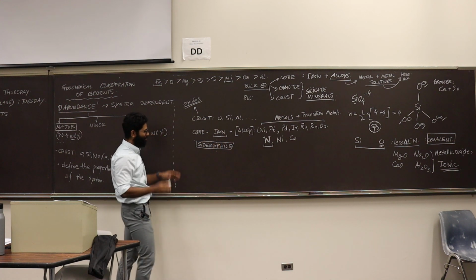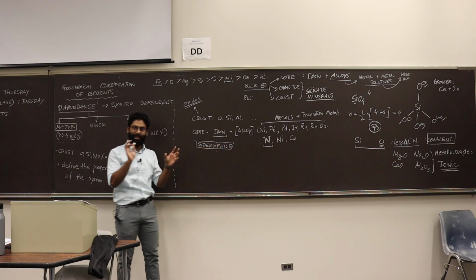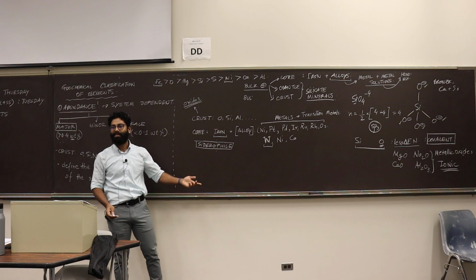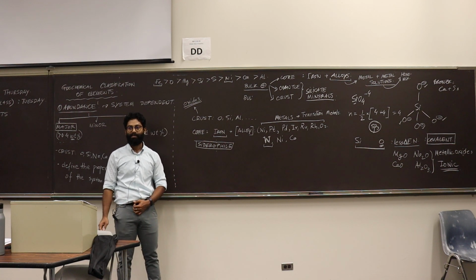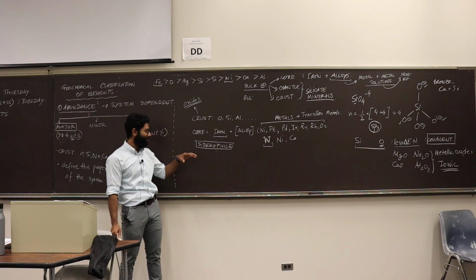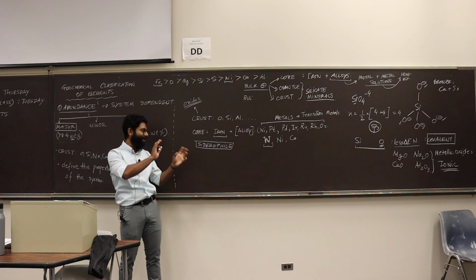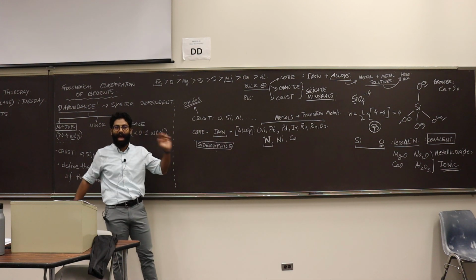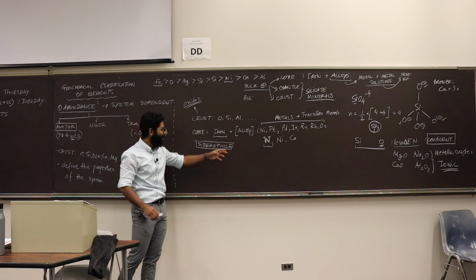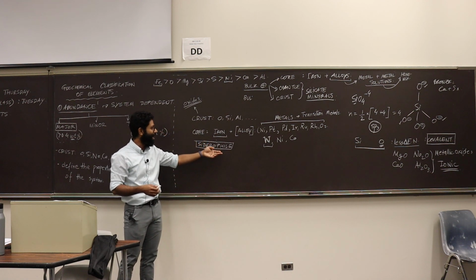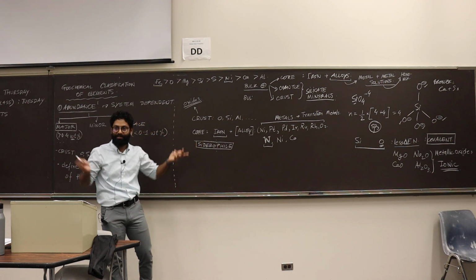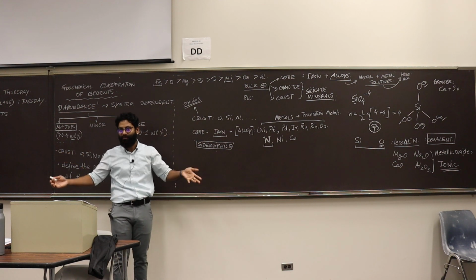So sidero, I don't know how, but I've seen this because siderite is FeCO3. So sidero probably has some root related to iron in some way that I do not know. Phile just means loving, so iron loving elements, and they go in the core. It's obvious, okay?